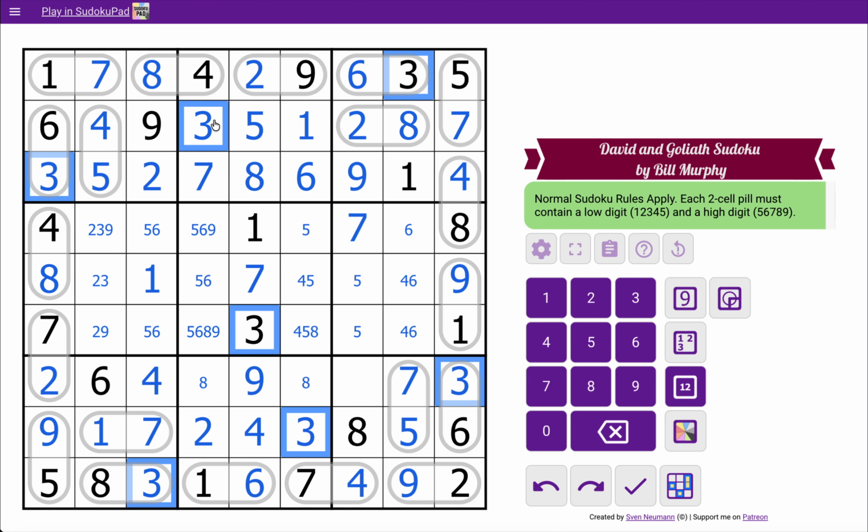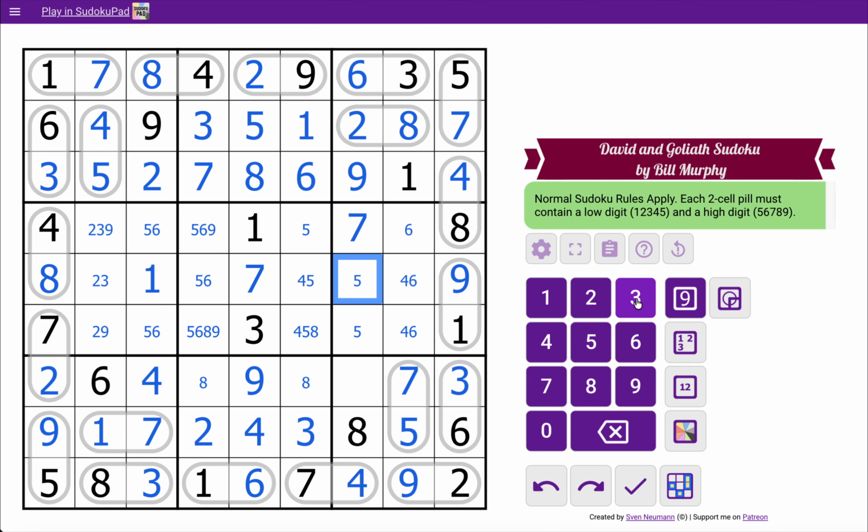Let's do 3. Oh, 3's placed over here. That puts 5 here, because nowhere else to go. That puts 6 here. That puts 5 here. Puts 2 here. 9 here. 3 here.